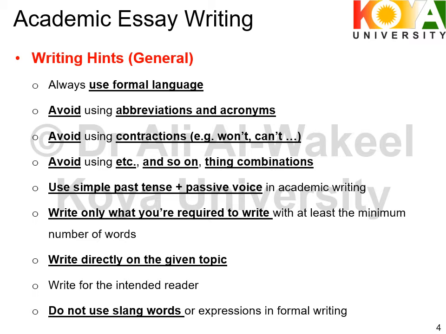Instead, use the full term: do not, will not, and cannot. Also, expressions like etc., etc., or and so on should be avoided. Writing in simple past tense and passive voice is preferable, as has been explained in Lecture 2.